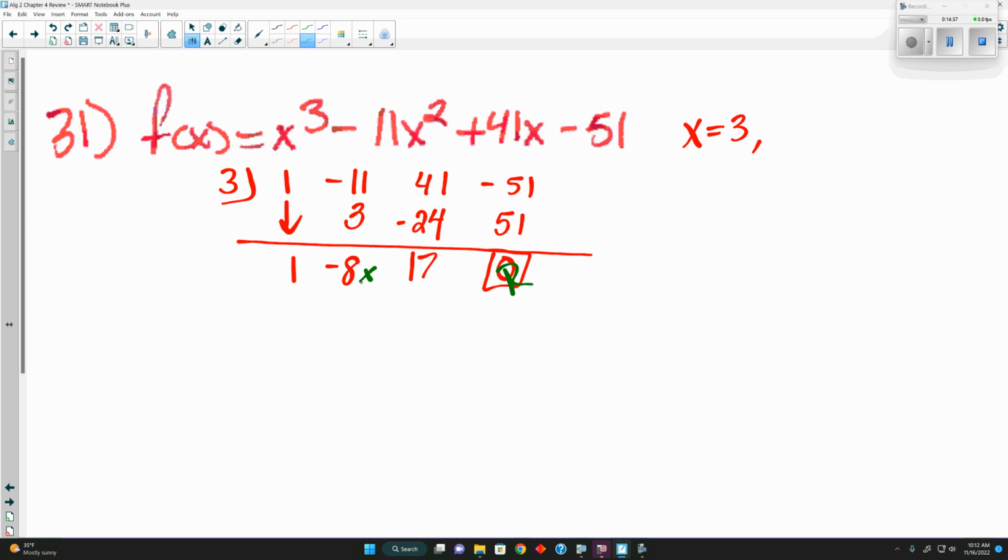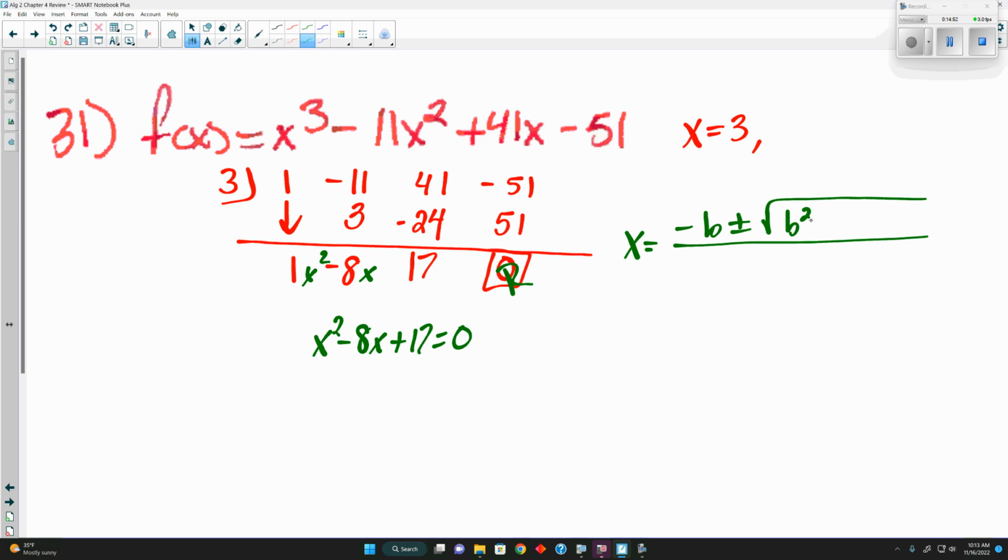Term without x, term with x, term with x squared. So we have x squared minus 8x plus 17 equal to 0. Negative b plus or minus the square root of b squared minus 4ac all over 2a. So again, we're going to plug this in and simplify. Well, the first part we have is negative b, yes?